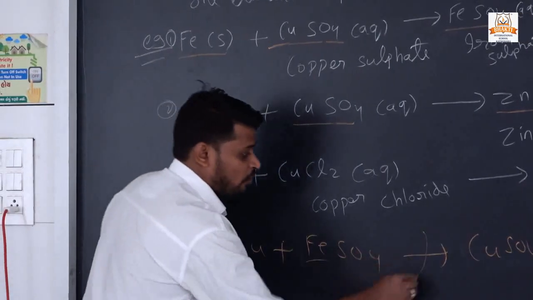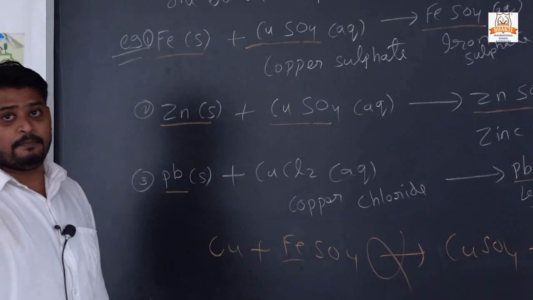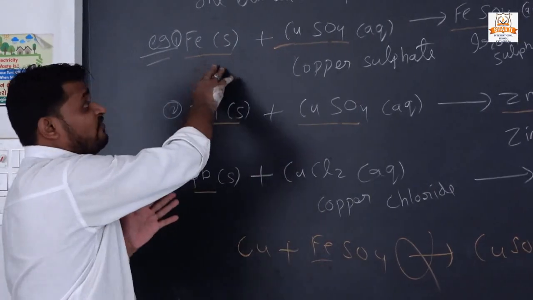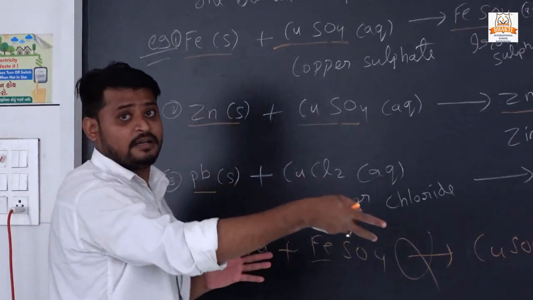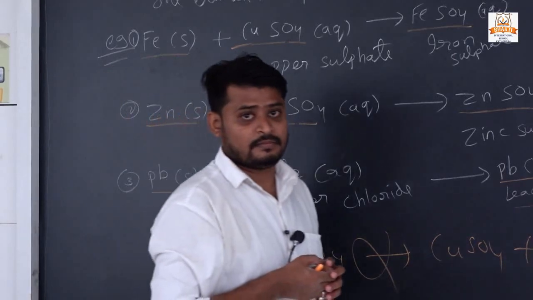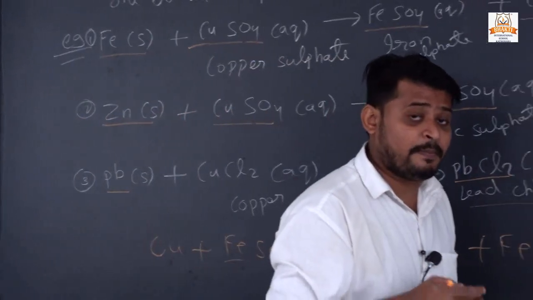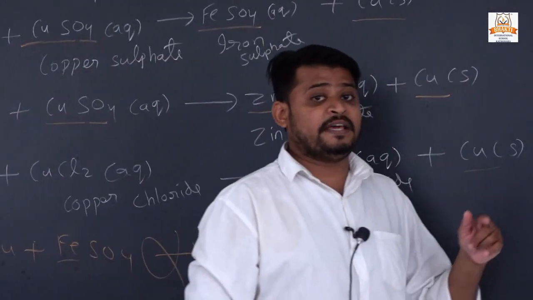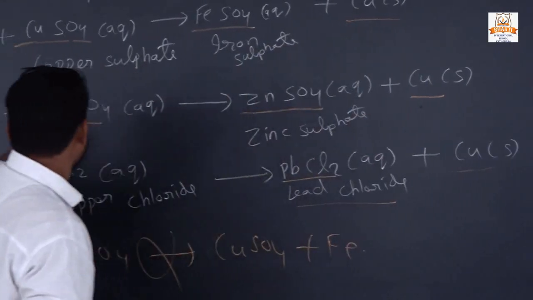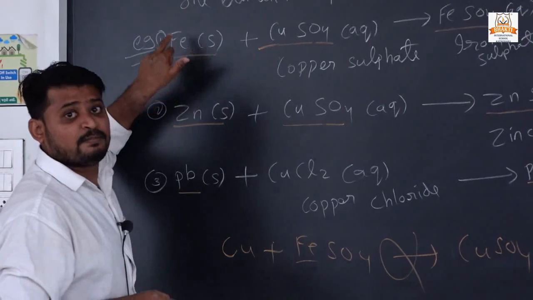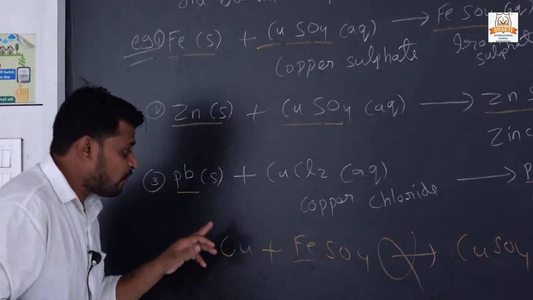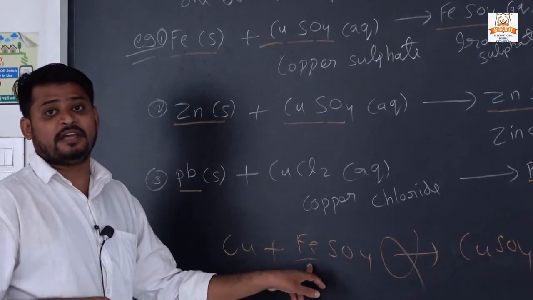No, it was wrong. Why was it wrong? Because a metal will replace another metal according to their reactivity. The most reactive element always replaces the least reactive element, and in this case iron is more reactive than copper, and copper is less reactive than iron.